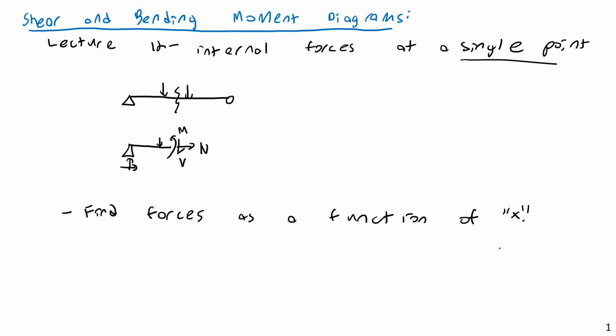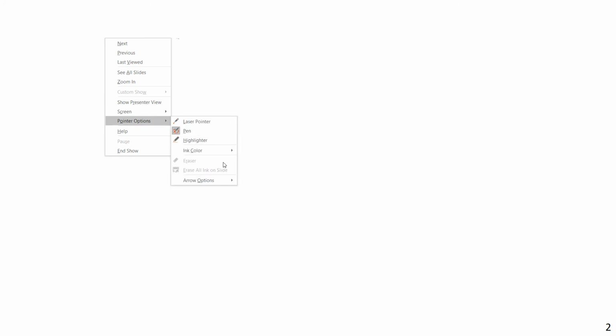Instead, I'm going to be looking primarily at shear and bending moment. So essentially what we're going to be doing is taking beams, cutting them at certain points, and solving for all of the forces in them in terms of x.